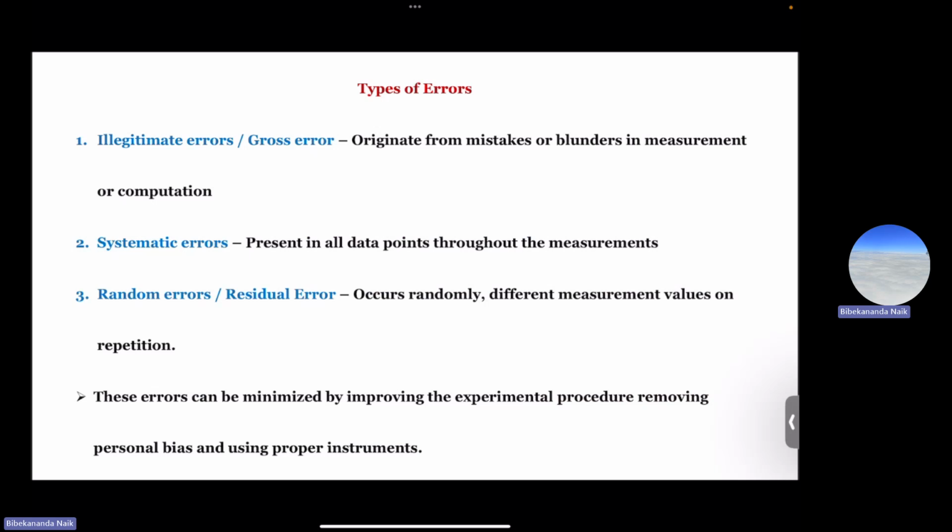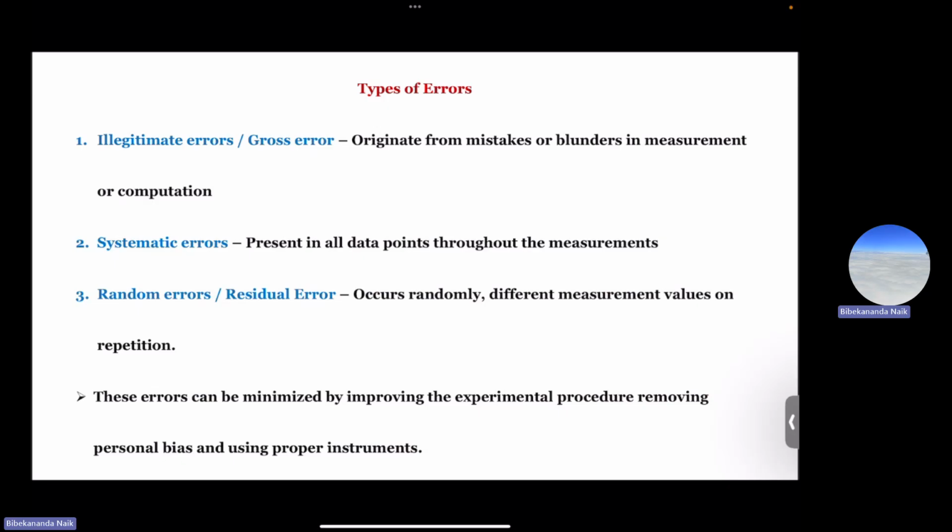Then another is systematic errors, present in all data points throughout the measurement, like the zero error or zero offset. For example, we are measuring the weight of some substance using a weighing machine, a two-sided machine.